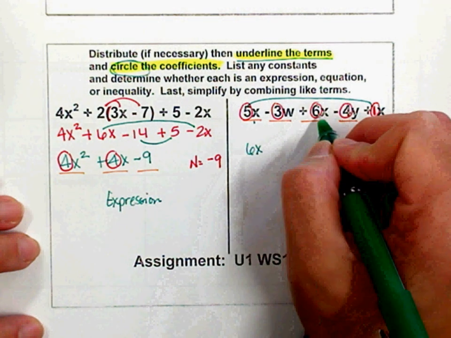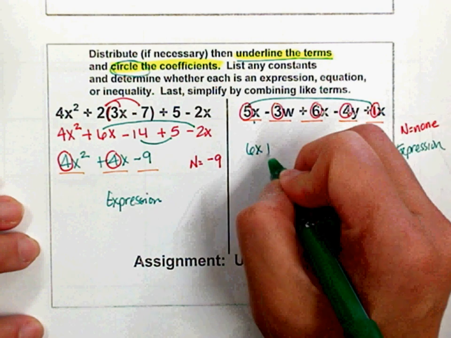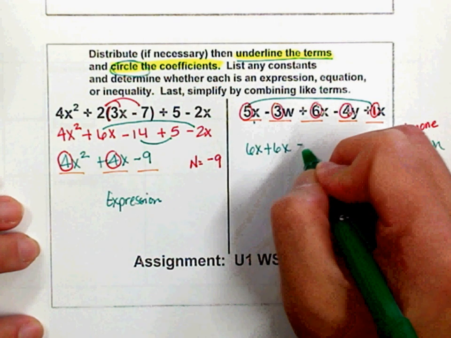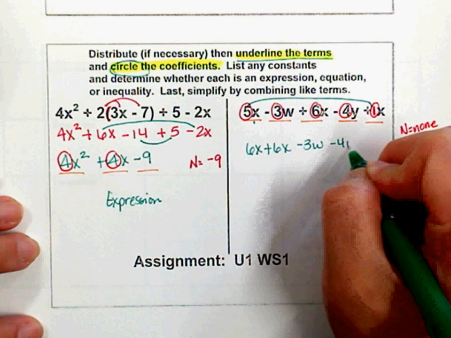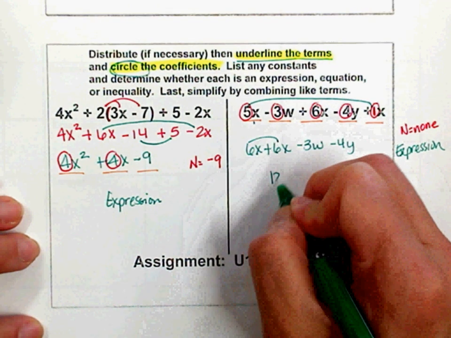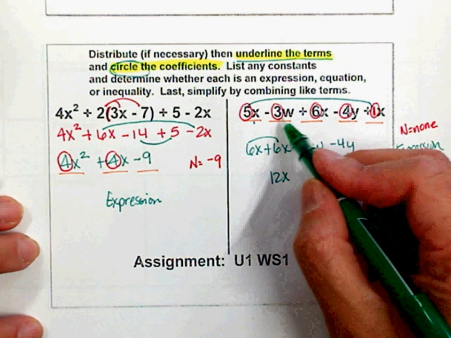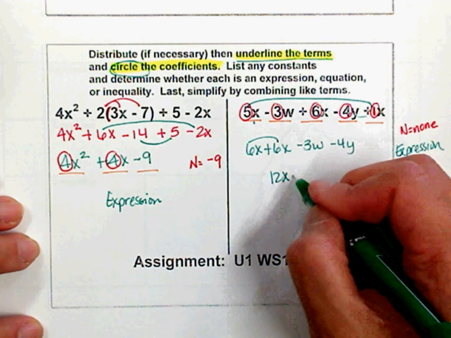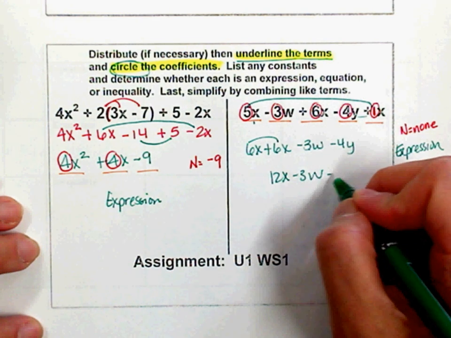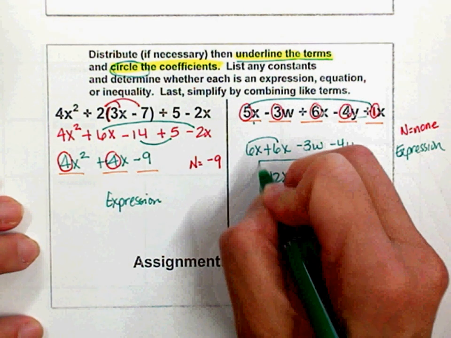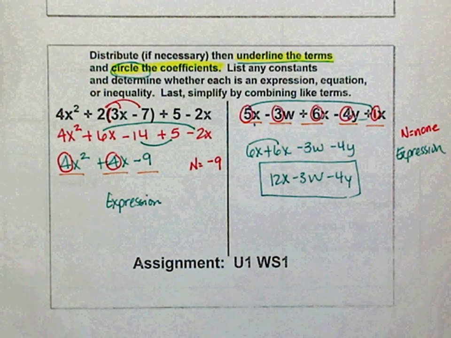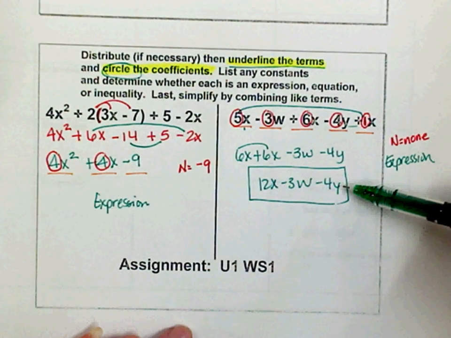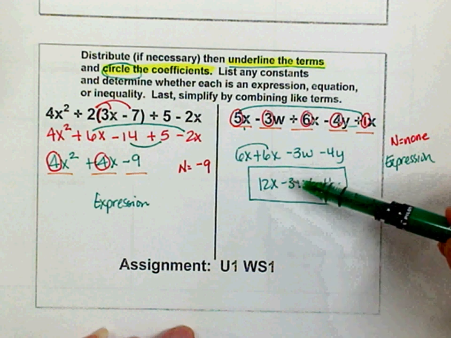I forgot. Bring down 3w, bring down 4y. Combine these guys so you get 12x. No w anywhere, so bring it down. No y anywhere, bring it down. And you are finished. This is a trinomial. Coefficients are 12, -3, -4. Your variables are x, w, y, and there's no constant.